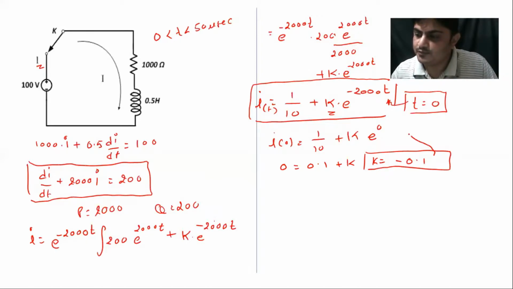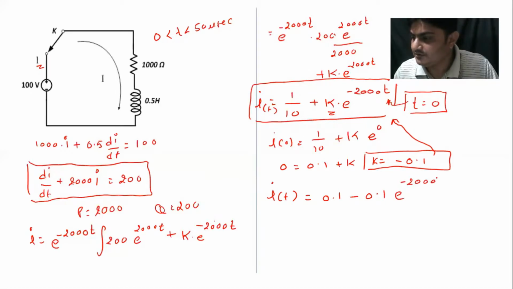So let us put this value of k, minus 0.1, in this equation. What will I get? My I of t is equal to 0.1 minus 0.1 e raised to minus 2000t. If you take 0.1 common, you will get 0.1 times (1 minus e raised to minus 2000t).